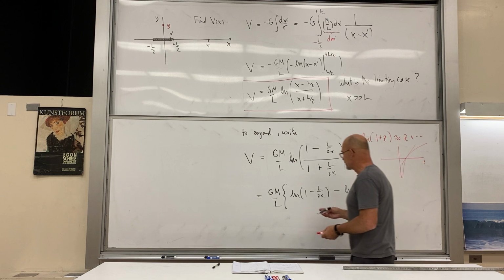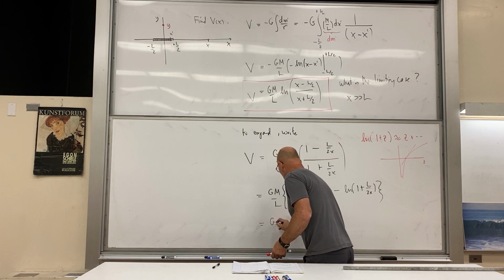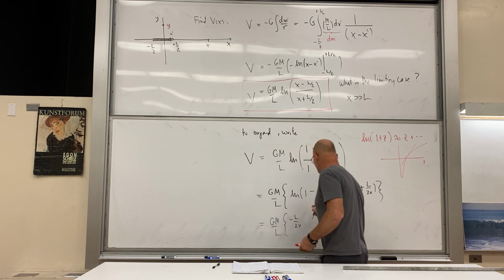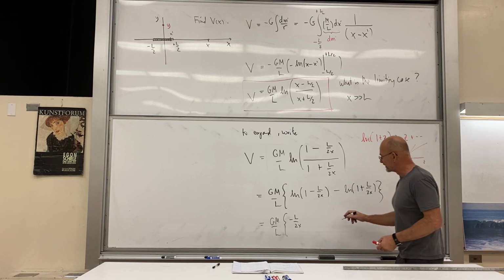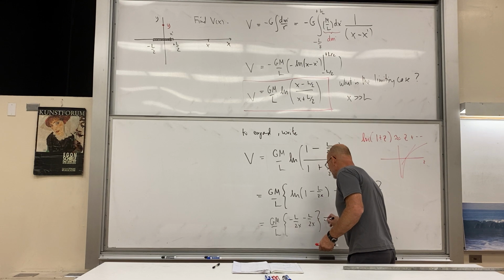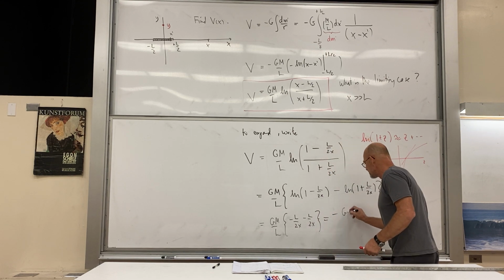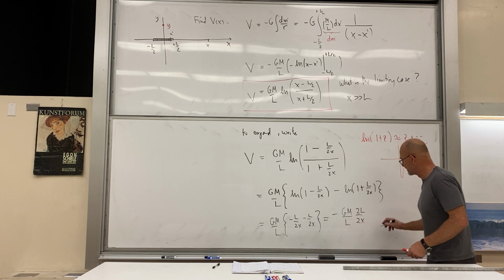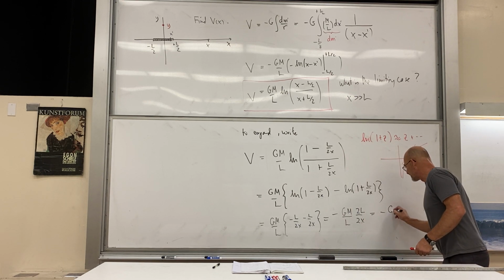But quickly write this out now. We get gm over L times minus L over 2x for this one, and minus L over 2x for that one. So we've got a minus sign, gm over L, 2L over 2x, equals minus gm over x.